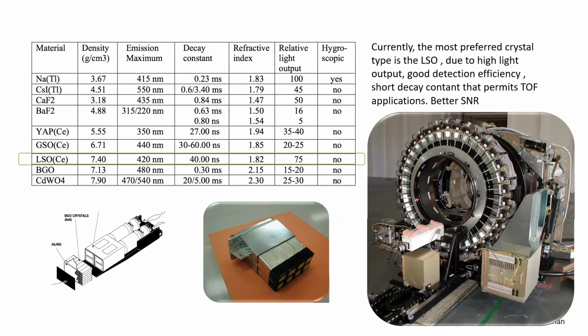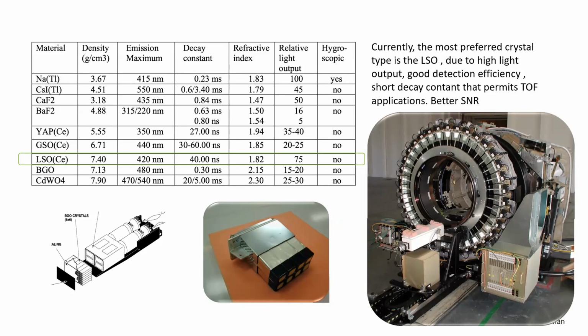The photomultiplier tube allows the position, energy, and time of gamma ray interaction in the scintillator to be determined. The scintillator material most commonly used now is LSO or LYSO. Why?